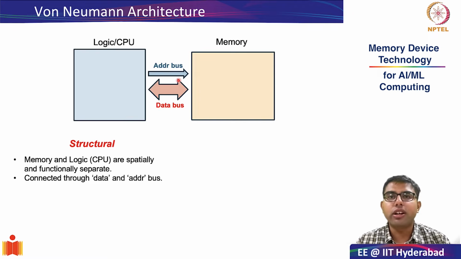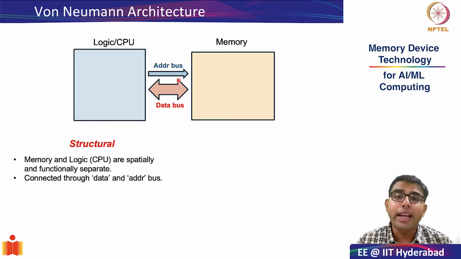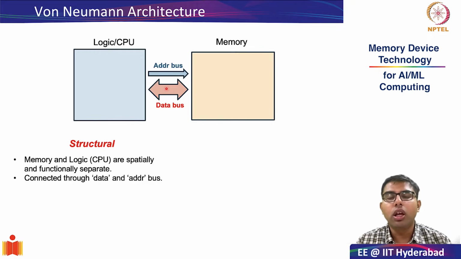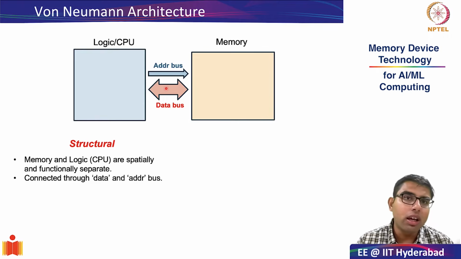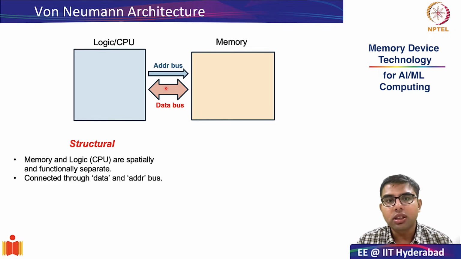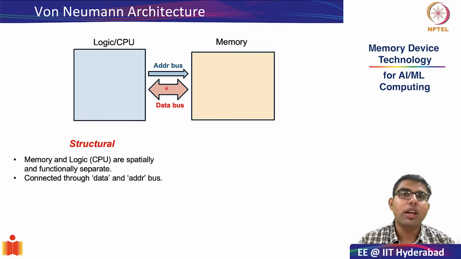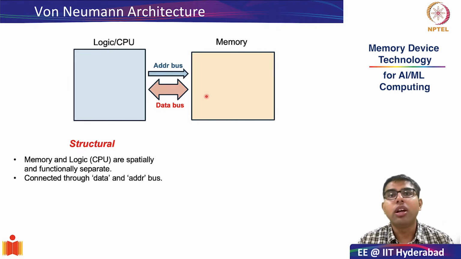After discussing the address bus, let's look at the bidirectional data bus. The data bus is responsible for facilitating read and write operations, read from the memory and write to the memory from the logic elements. That is why it is a bidirectional bus.